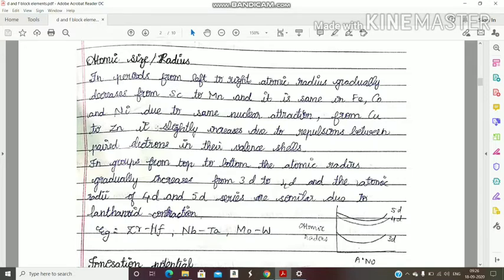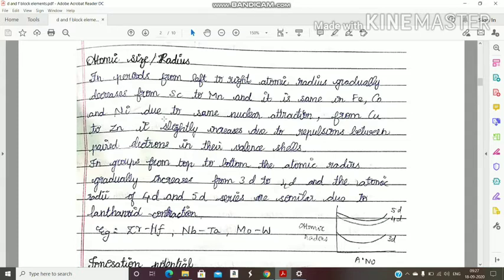So in this case also atomic radius decreases, but the atomic radius decreases from scandium to manganese, and it is same in iron, cobalt and nickel. Scandium, after scandium, titanium, after that vanadium, chromium, manganese, iron, cobalt, nickel, copper, zinc. These are the elements which are present in 3D series. Now I am discussing about atomic size regarding 3D series.